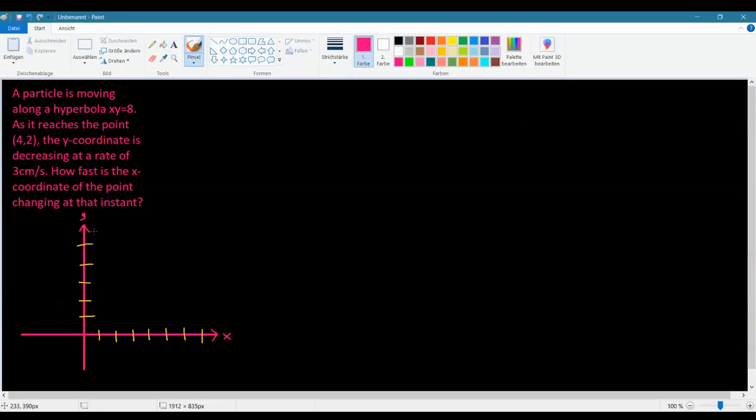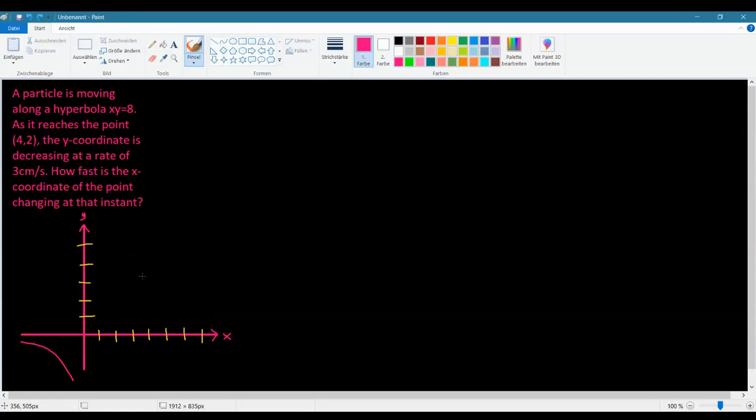Now, this hyperbola is going to go like this and like this. So this isn't that important right here, but it is there. So you should realize that. It's just a sketch. It doesn't look very good, but you get it. It's supposed to be straight. You know what?